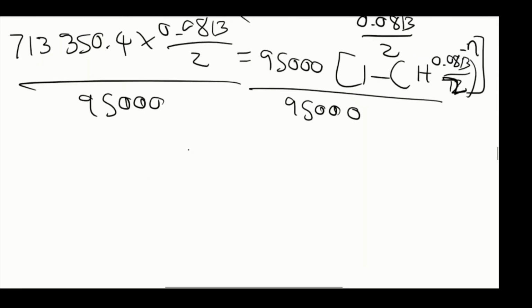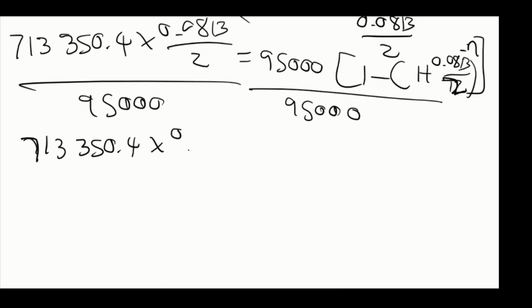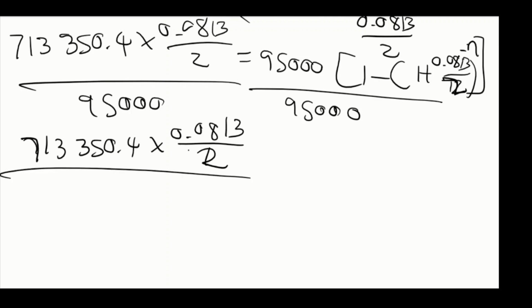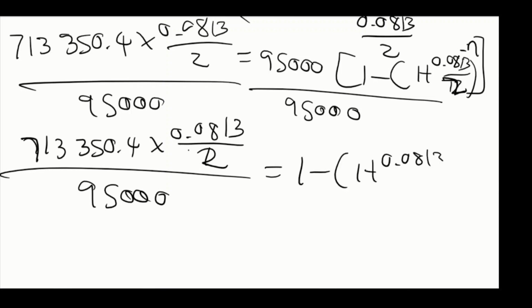So we will have 713,350.4 times 0.0813 over 2, divide by 95,000 is equal to 1 minus 1 plus 0.0813 over 2 to the power of minus n.